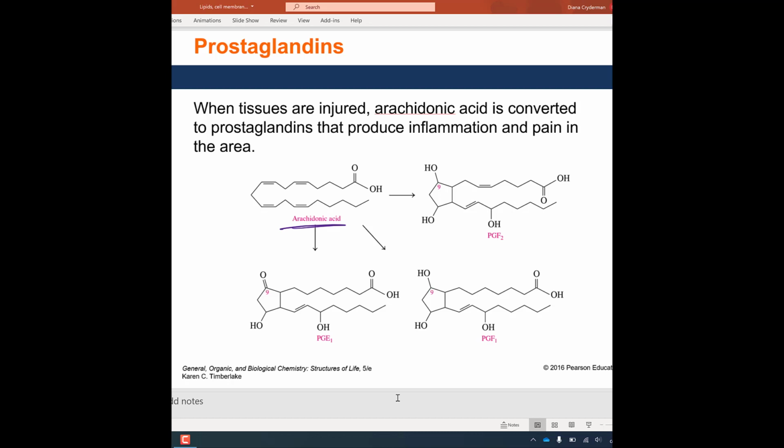So this is one of our pain inducers and inflammation inducers. And so we start with arachidonic acid. And so if you notice, we would normally see this chain kind of continue off and to the left. And we just kind of, for purposes of showing this in a really easy way, are just turning this over to the right.